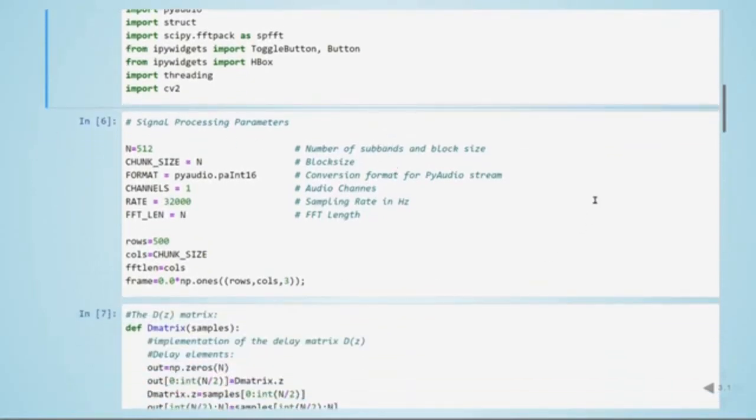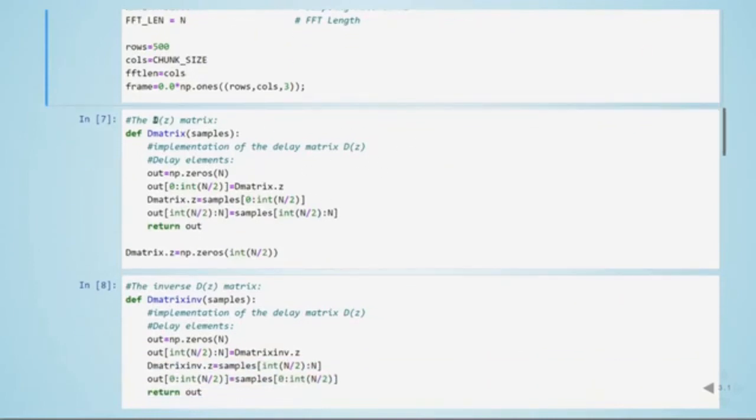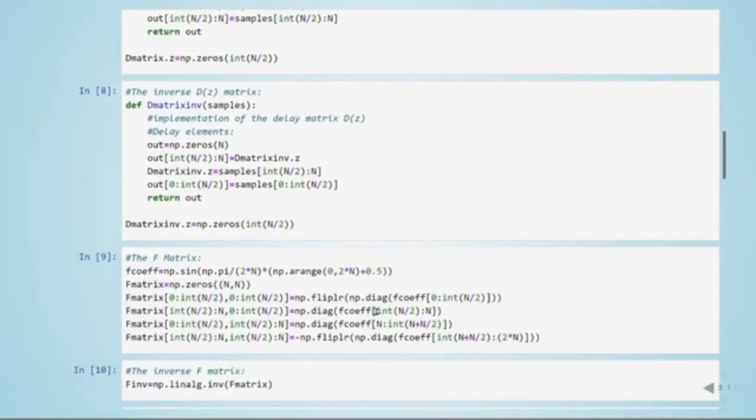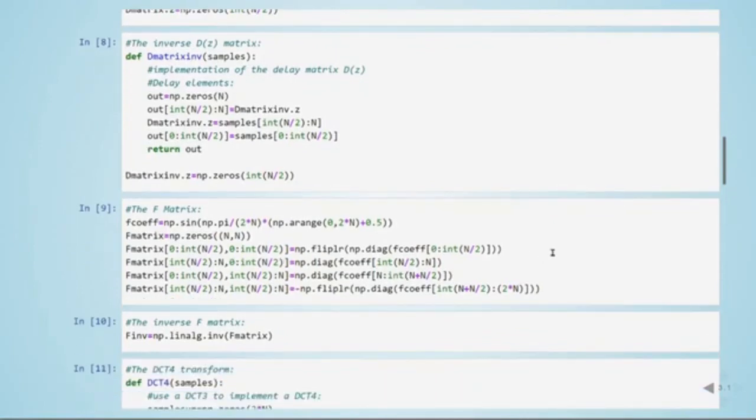Here we are defining some signal processing parameters such as the number of subbands and the block size, the number of audio channels, the sampling rate, and here are some parameters to plot our spectrogram. At this point we are defining our D of C matrix. Here is the inverse of D of C matrix. Here is the F matrix.